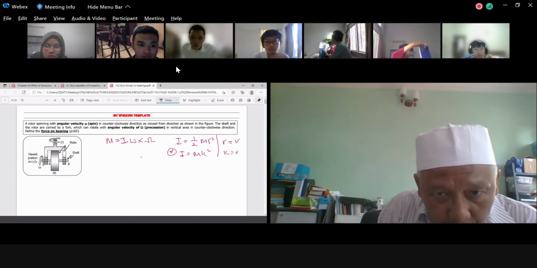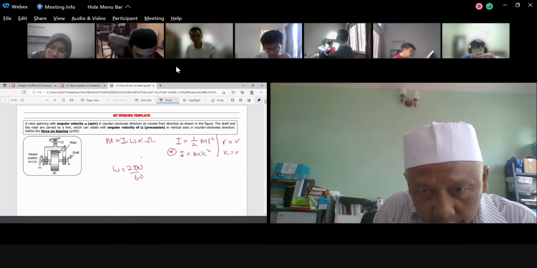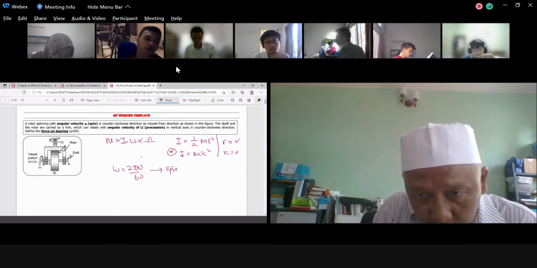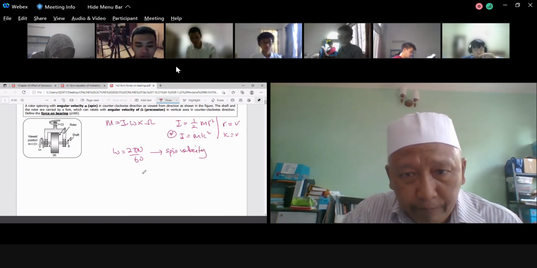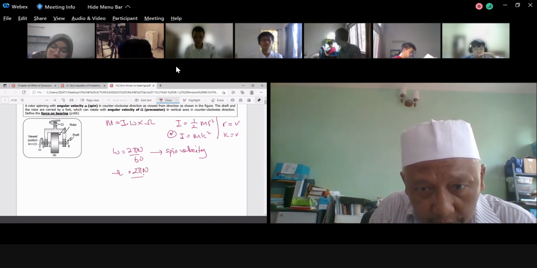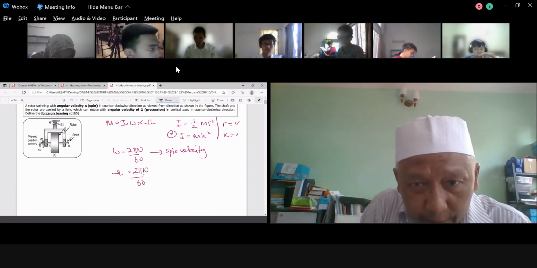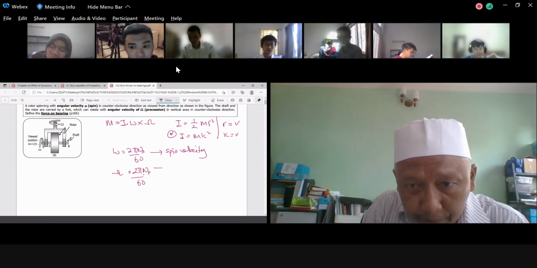The omega is equal to 2 pi n by 60. This one is the spin velocity. The precession, as I mentioned earlier, uses the same equation. This one is spin, this one is precession, so this one is the precession velocity.